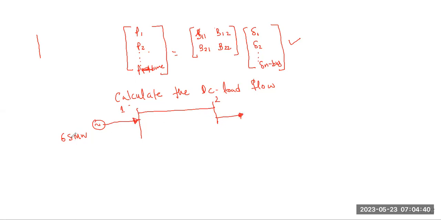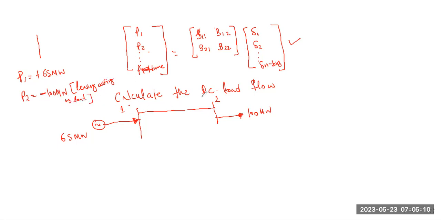So if I have to consider P1 in this case, P1 would be plus 65 megawatts. And P2 in this case is showing 100 megawatts, so P2 would be equal to minus 100 megawatts. Why minus 100 megawatts? Because it's leaving and acting as a load.